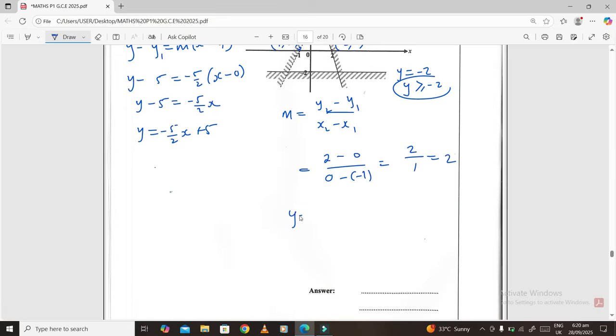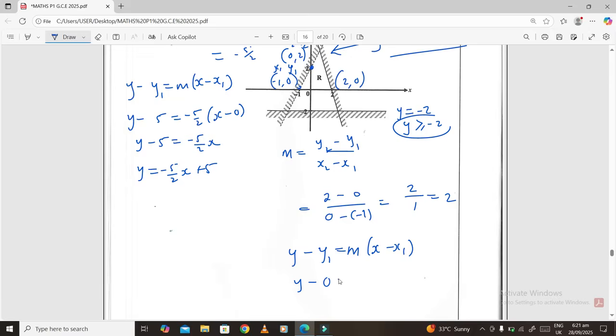We can use the formula for finding the equation of a straight line. Y minus y1 is equal to m, open bracket, x minus x1. So y minus 0 is equal to my m, which is 2, open bracket, x minus x1, which is negative 1. Y is equal to 2x plus 2. So this is positive. When you multiply, it will be like this. So now we can show that this is y is less than 2x plus 2.